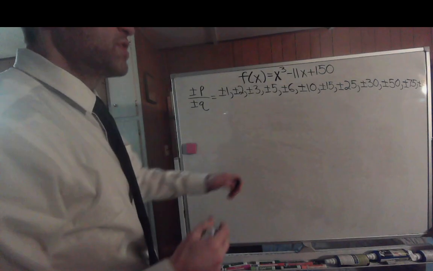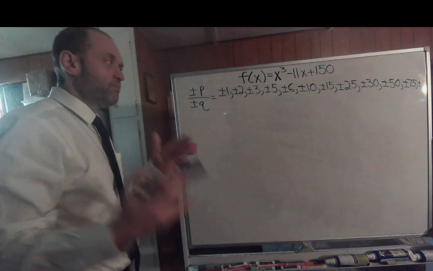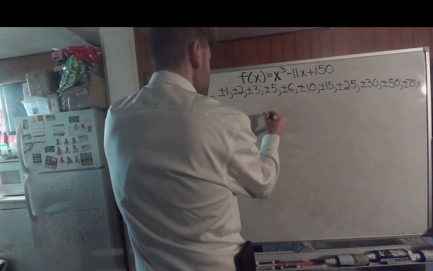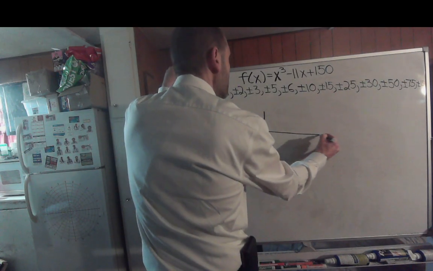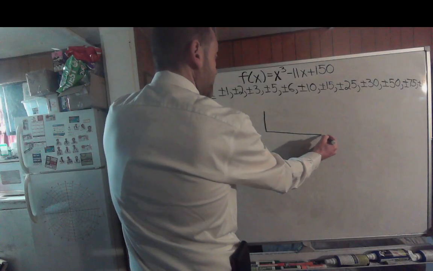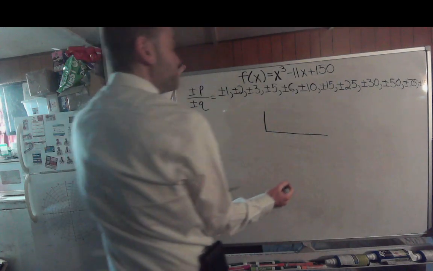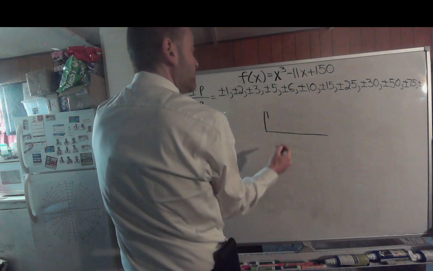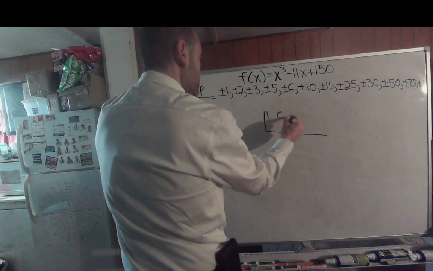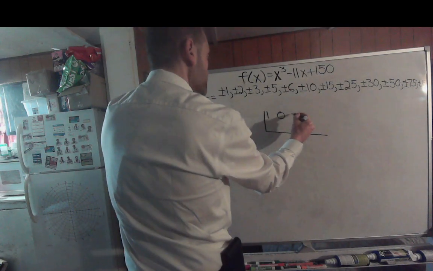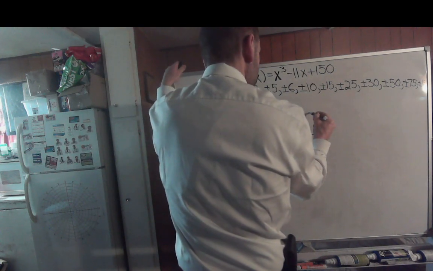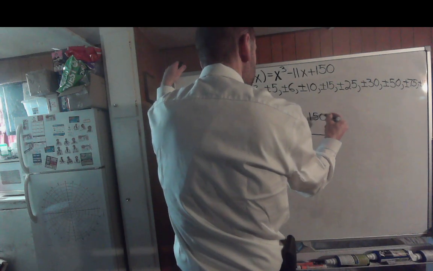So I think we have a good grasp on what our rational zeros are going to be. Now it's time to just start plugging away and see what we come up with. So let's do synthetic division. The coefficient of x to the third is 1, coefficient of x squared is 0, coefficient of x to the first is negative 11, and the constant term is positive 150.